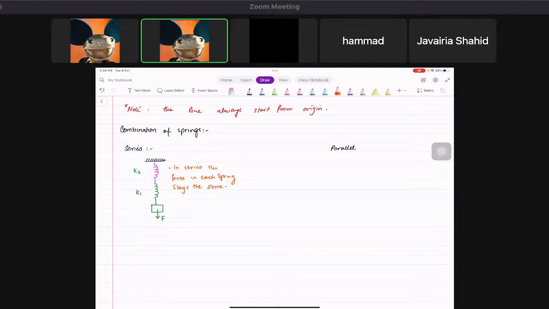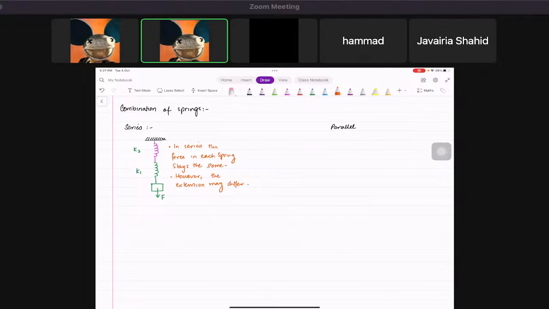However, the extension may differ. So by that we could say that the total extension x can be written as extension in the first spring and extension in the second spring, and it could be like 1,000 springs, doesn't really matter.